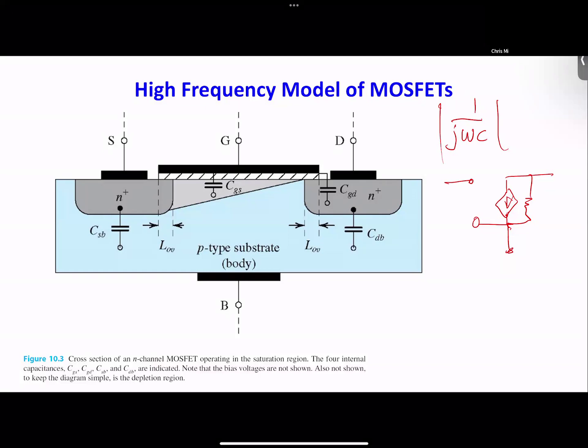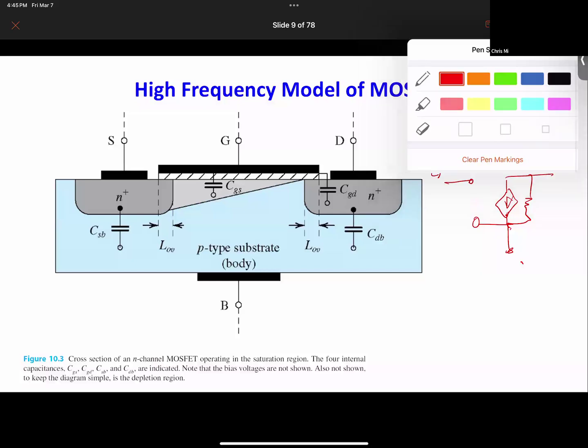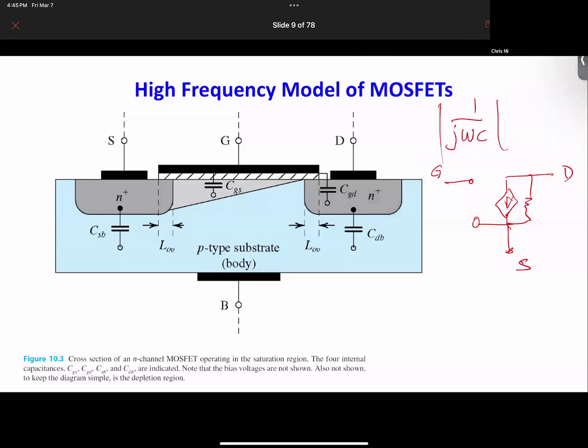Well, let's do the 2 easy ones. VGS, CGS. CGS is the capacitor between G and S. So what would you do? Okay, sorry. D, this D, and this S. So VGS, CGS means it's here.